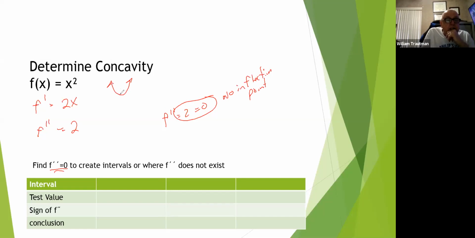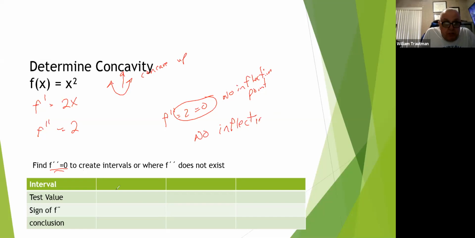We'll show that by having our graph x squared. Concavity doesn't change. It's always concave up. So if you look at it, there's no inflection points. I keep on saying critical points, so I'll stop saying critical.